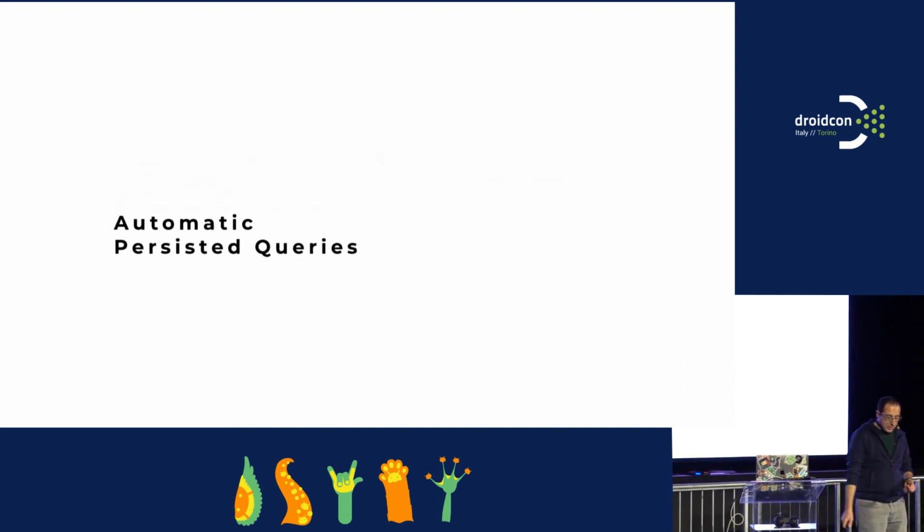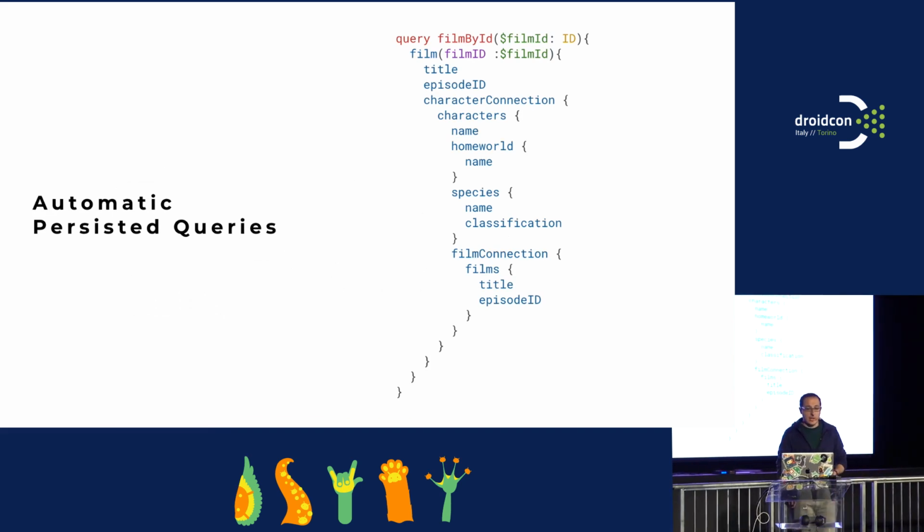So, how do automatic persisted queries work? Let's say this is a query, okay?